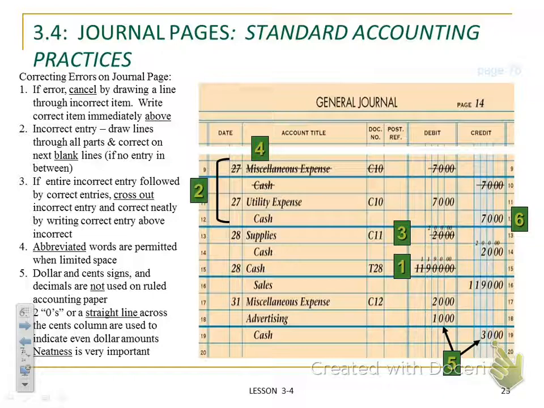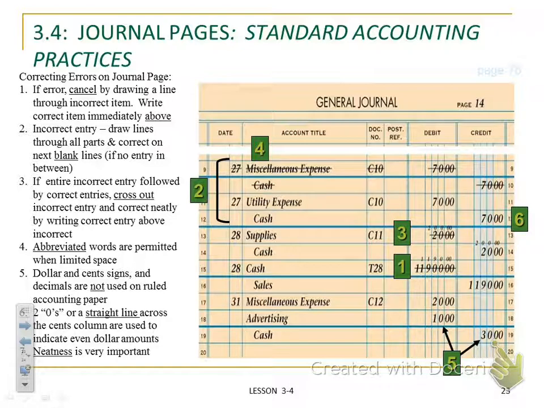The reason that we do not erase is so that if later on we have to follow anything back in terms of tracing down an error, we would have that information still available to us by just drawing a single line through it, as opposed to erasing or scribbling out the information. So we just make sure we draw a simple line through it and write the correct number above it. It provides us with what we call an audit trail.